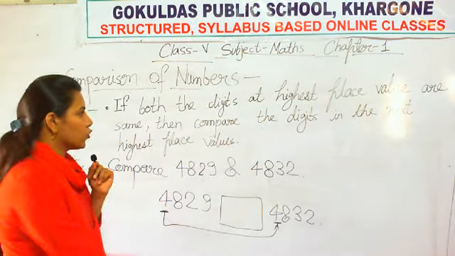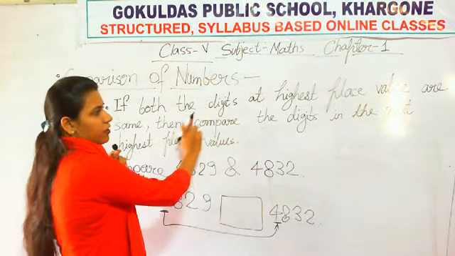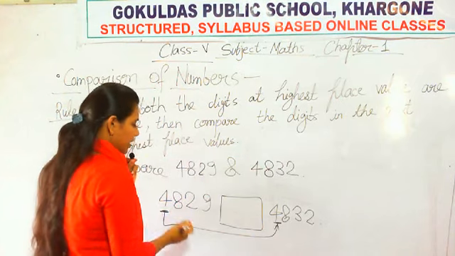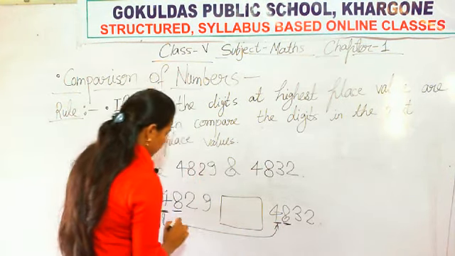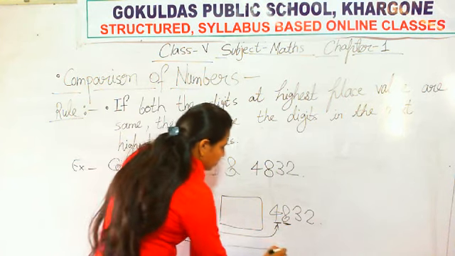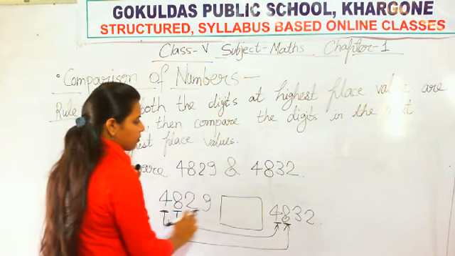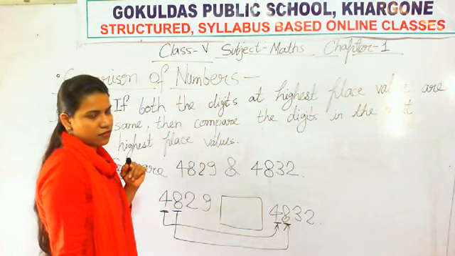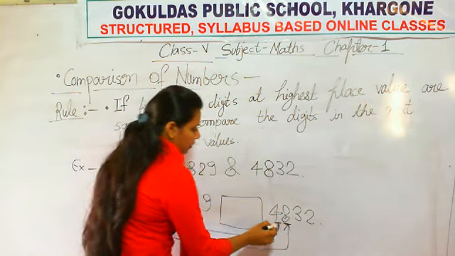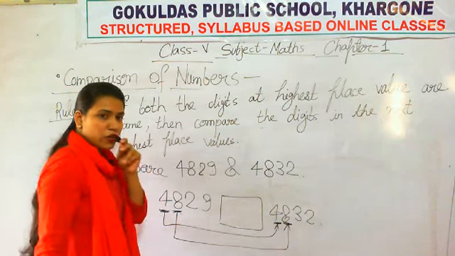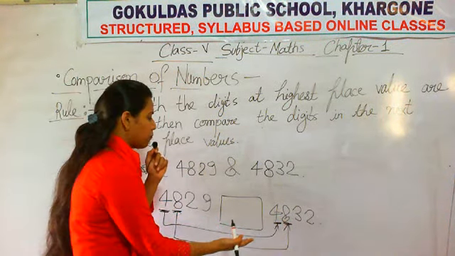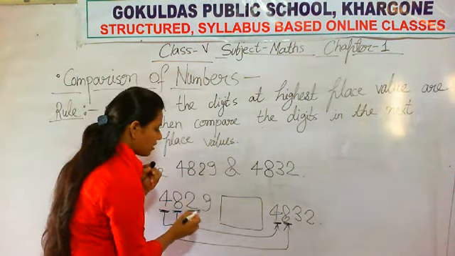Now what will you do? According to rule 3, you will move to the next highest place value. The next highest place value is the hundreds place here, and at the hundreds place both the numbers have 8. Now 4 here, here also 4, here 8, here also 8. Now you will compare the next digit, the next highest place.